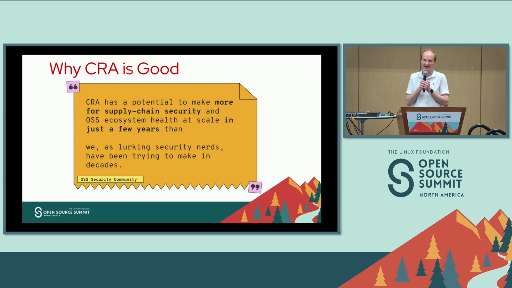So the CRA has good intention, and if we apply it wisely, we can actually get a lot of benefits out of it.